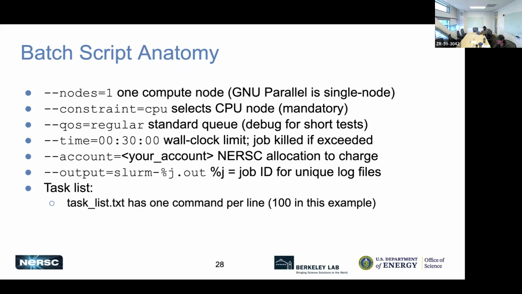All right, in example 3, we're including a task list.txt, and there's 100 lines in it. And that uses the caret to feed that into the parallel command, and GNU Parallel runs all of them inside the Slurm job.